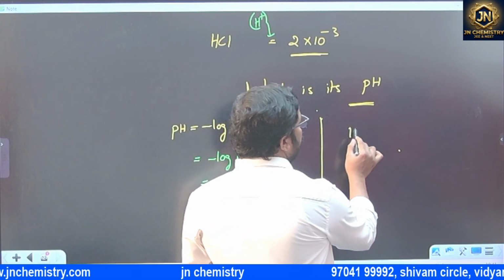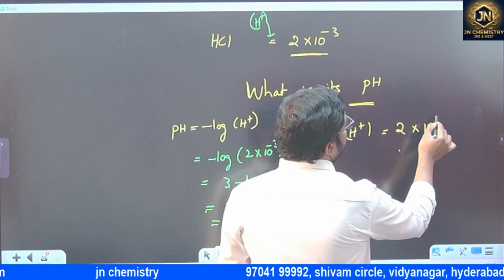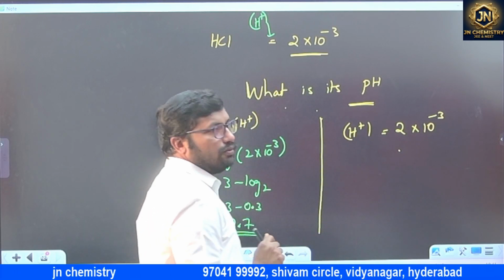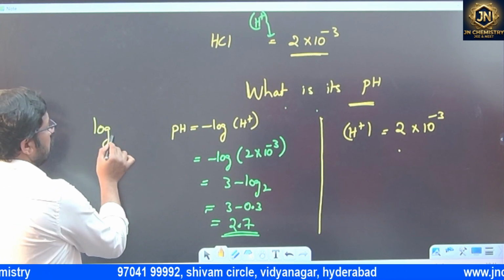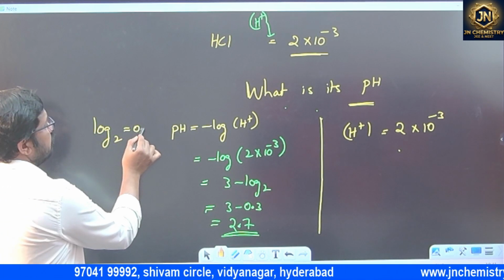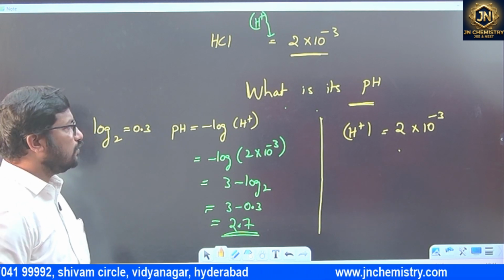H plus ion concentration is equal to 2 into 10 to the power of minus 3. Now we know log 2 is 0.3.